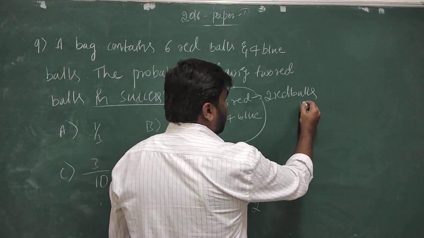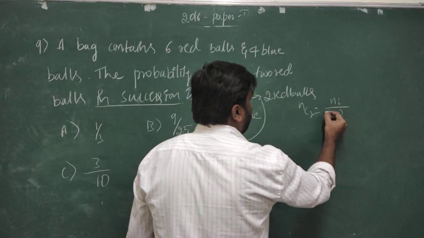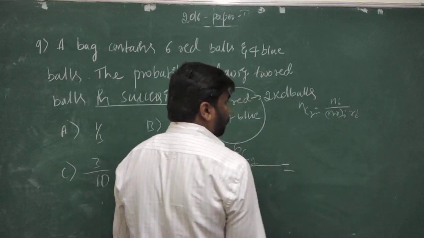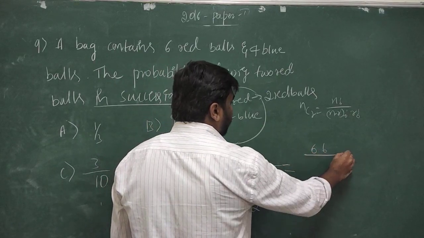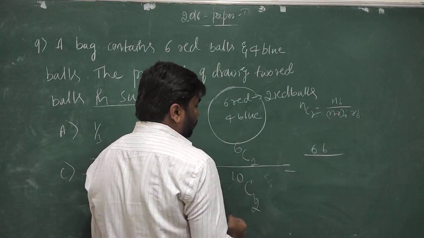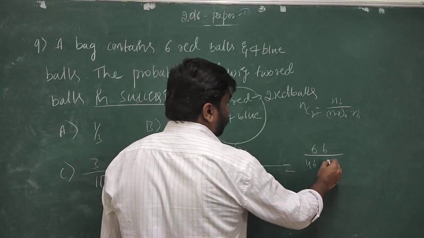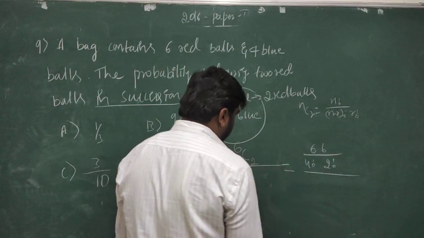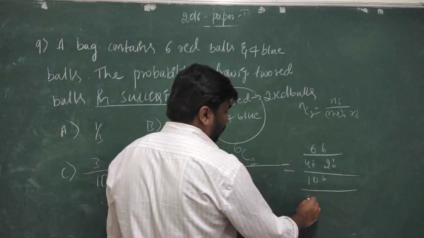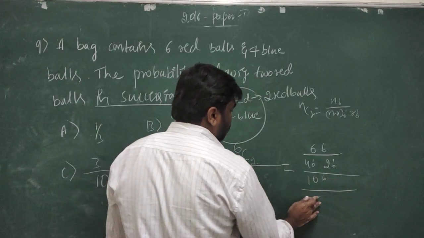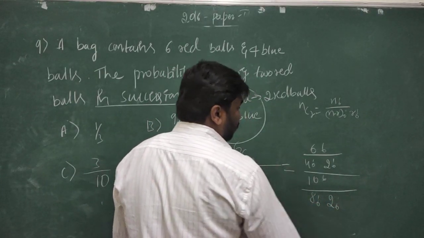We know that nCr is equal to n factorial divided by (n minus r) factorial into r factorial. So 6C2 is equal to 6 factorial divided by (6 minus 2) 4 factorial into 2 factorial, divided by 10 factorial divided by (10 minus 2) 8 factorial into 2 factorial, right?